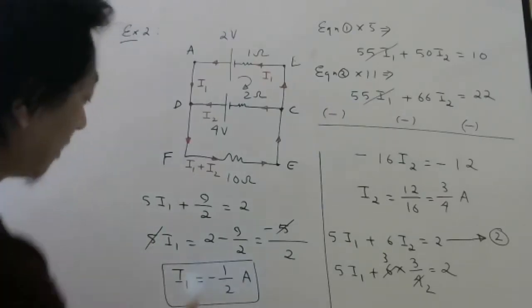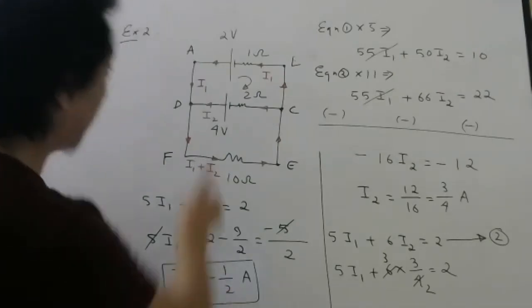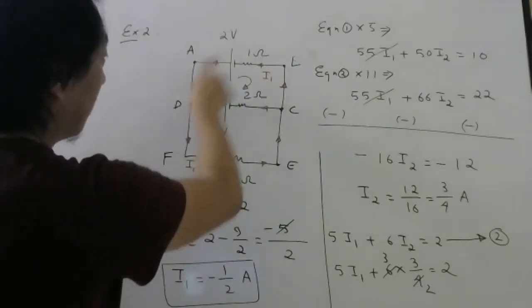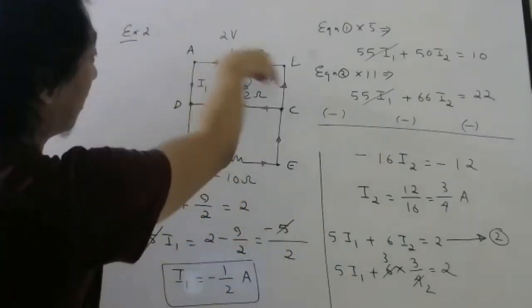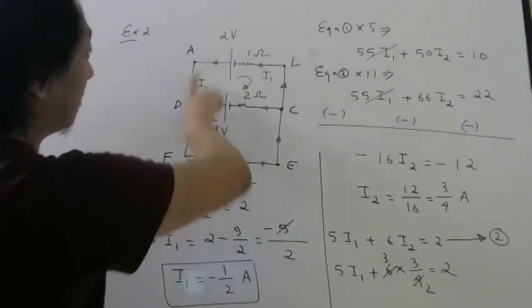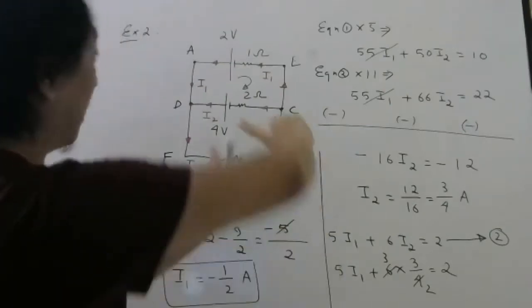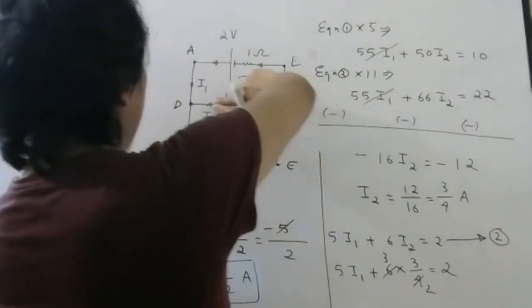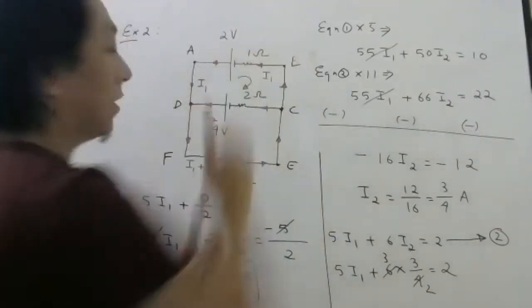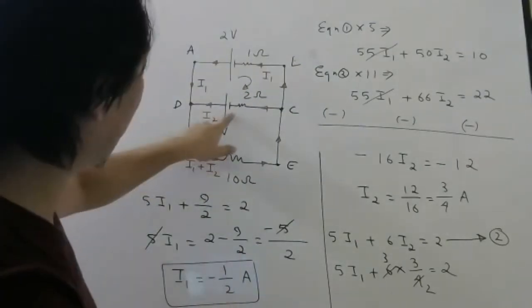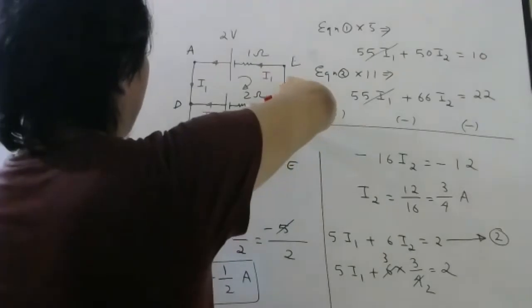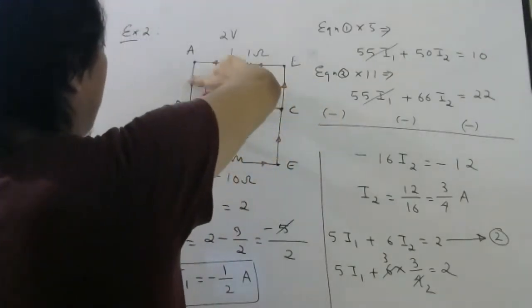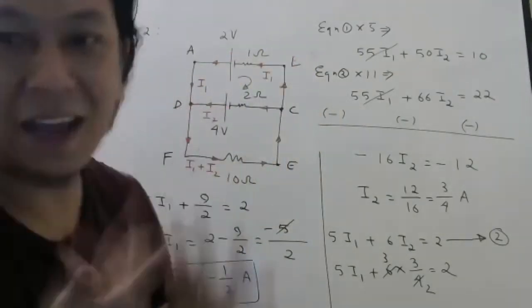The minus sign here means the value of the current here is half only, but the direction is this way. Actual direction is this way. So actually how the current is flowing, this way it is coming and then it is divided. It is expected also because this is bigger battery, 4 volt, this is 2 volt. So this is bigger battery. So this will drive current and it will go like that. But initially I have no idea.